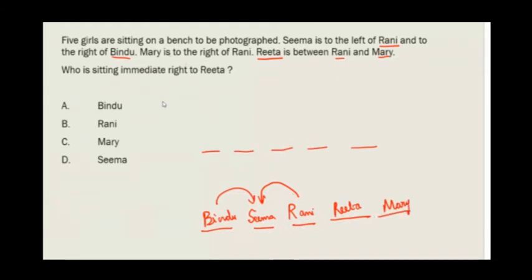So in this case, they have said that Mary is to the right of Rani. It is not immediate right. So you can modify it. When they say immediate left and immediate right, then you can take it. Or if you just say left and right, then you can.